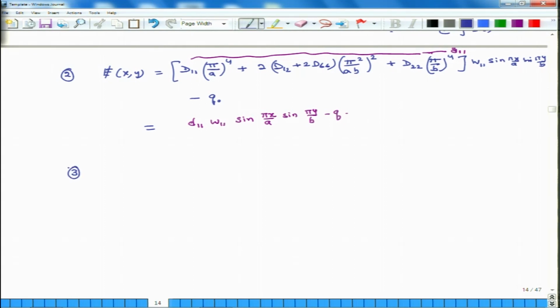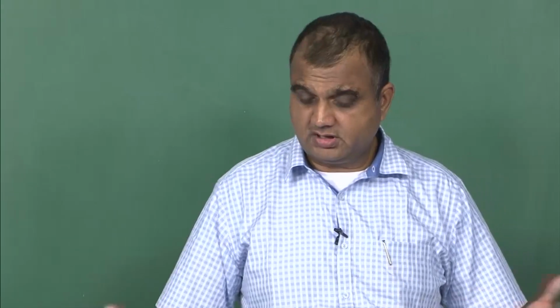Third, what is the next step? We have to compute the virtual work, and for that, first we have to select a virtual displacement field. What kind of virtual displacement field is valid? As long as it satisfies all the kinematic boundary conditions.